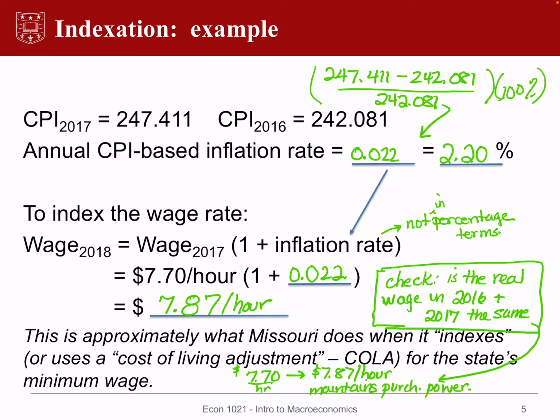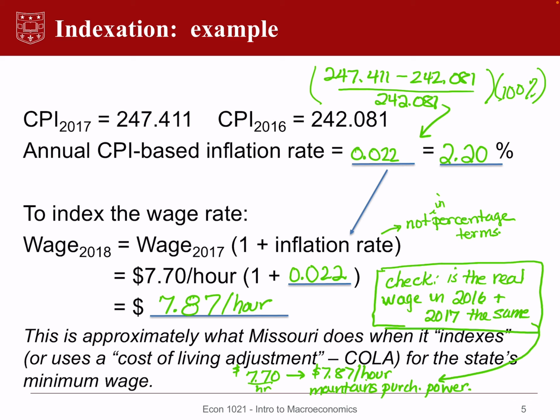So in other words, on average, in the macroeconomy, prices rose by 2.2% over this year. That would mean that if you wanted to buy $100 worth of goods and services in 2016, you would need $102.20 in order to buy that same set of goods and services in 2017. That's what we mean by inflation.